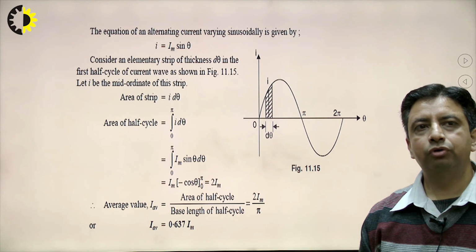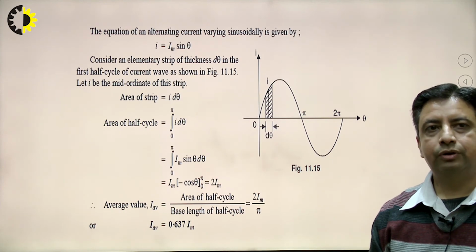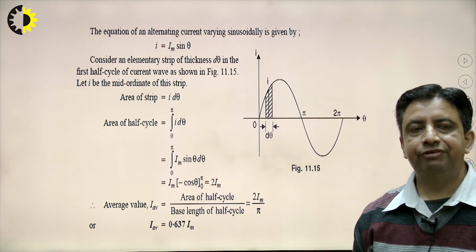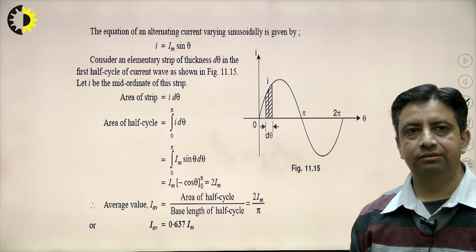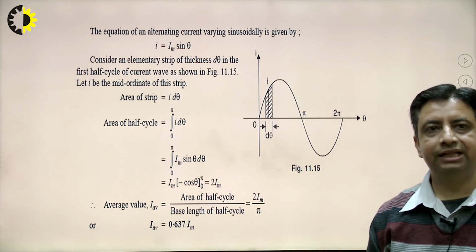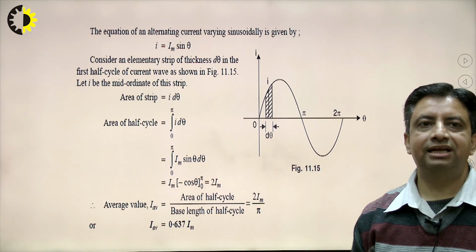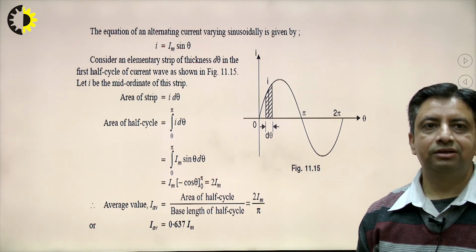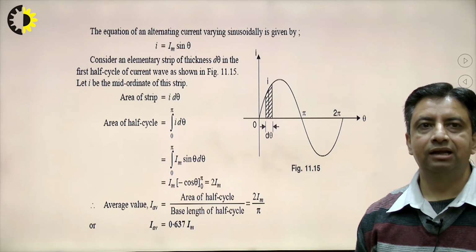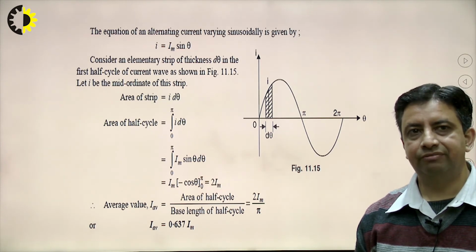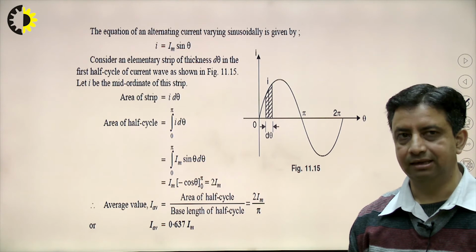Now, if we want to find the average value, as I told you, we will take only a half cycle, because for a complete cycle the average value will again come out to be equal to 0. So we consider the positive half cycle, as I have considered in this example.